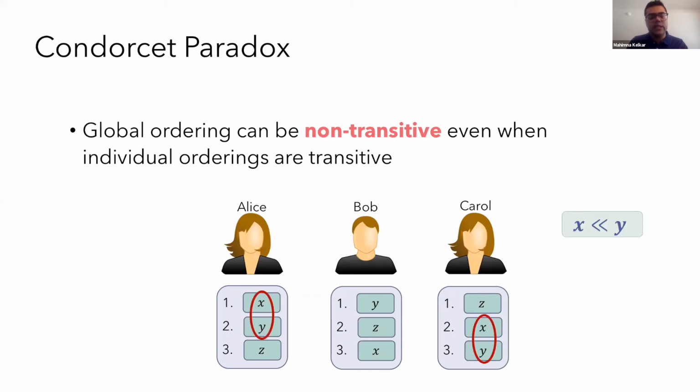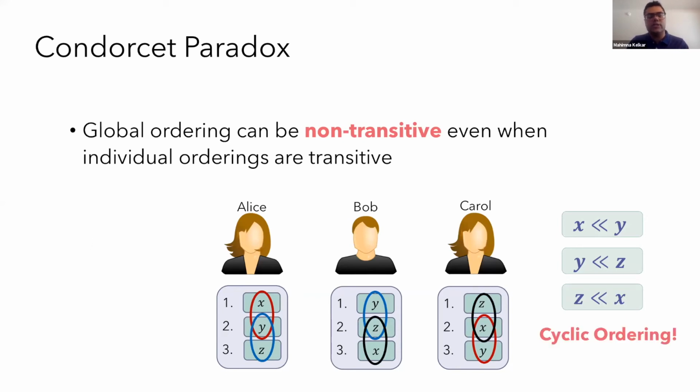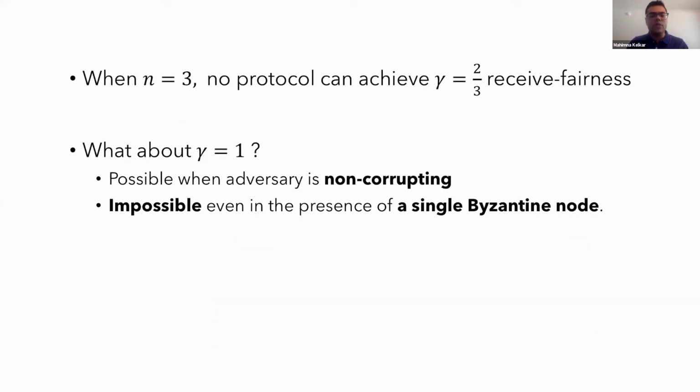You can see that 2 nodes have received X before Y, 2 nodes have received Y before Z, and 2 nodes have received Z before X. If you look closely, this is a cyclic ordering, which means that it's impossible to order these transactions in a fair way. So no protocol can achieve gamma equals 2/3 receive fairness.